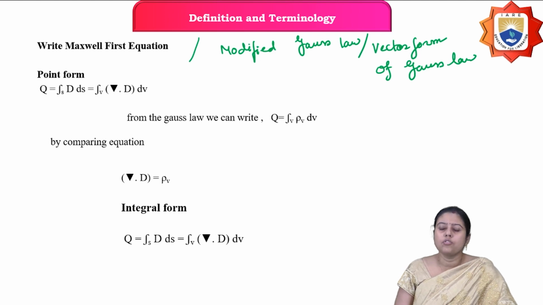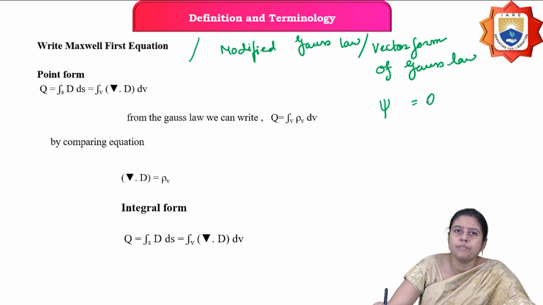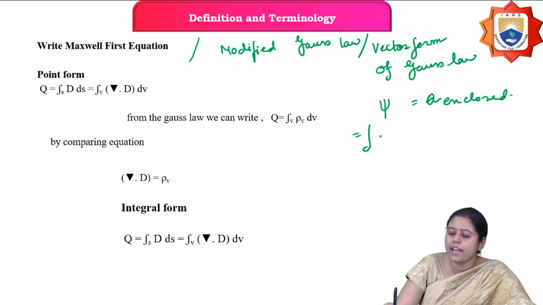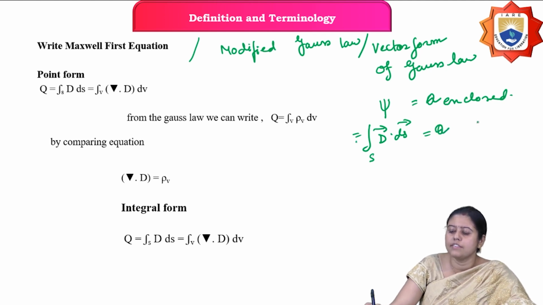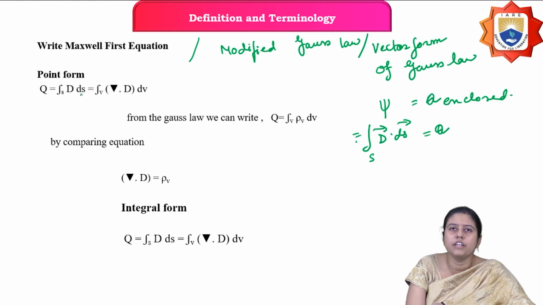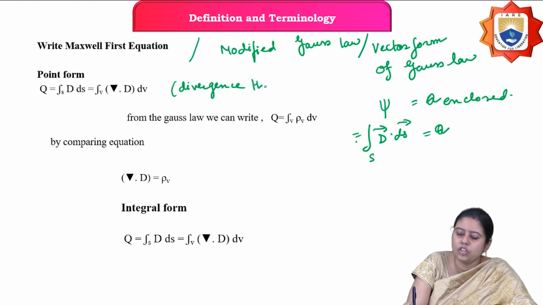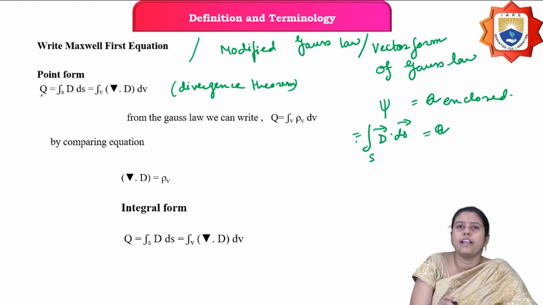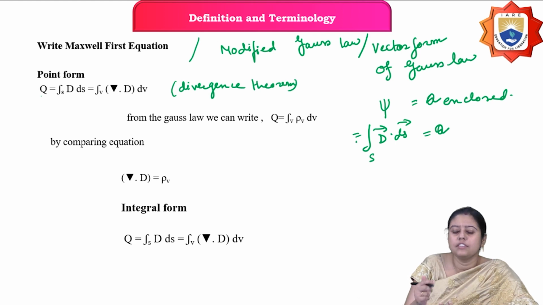As I told in the Gauss law, psi, the number of electric flux, is equal to the charge Q enclosed. And what is psi? Psi is the surface integral of D dot ds, which is equal to Q. Now if we use the divergence theorem, as the output is a scalar, we will not use the Stokes theorem, rather we use the divergence theorem.